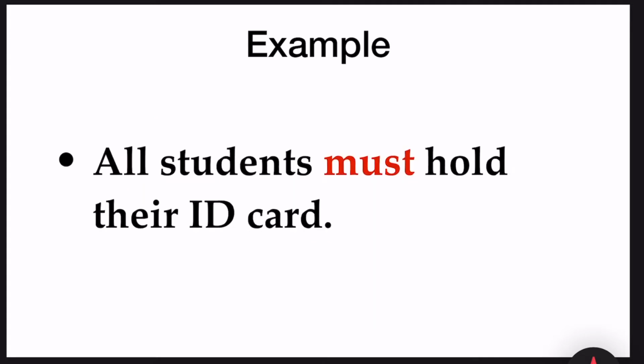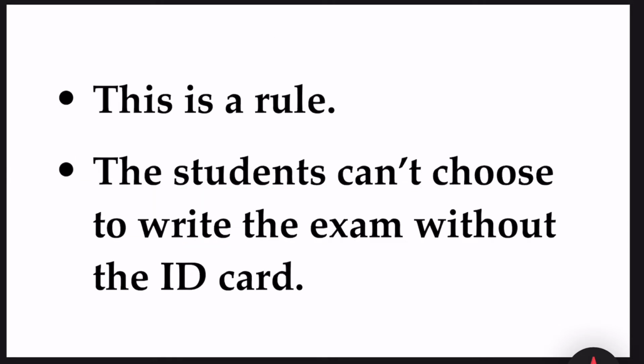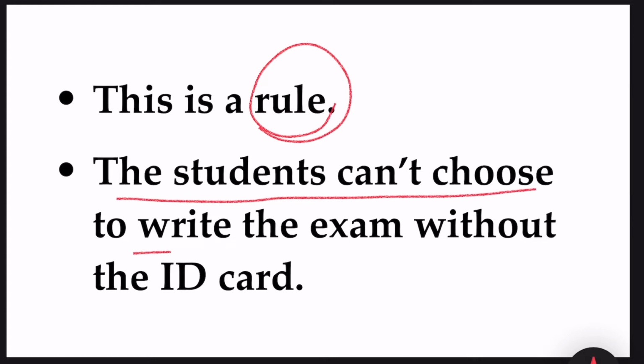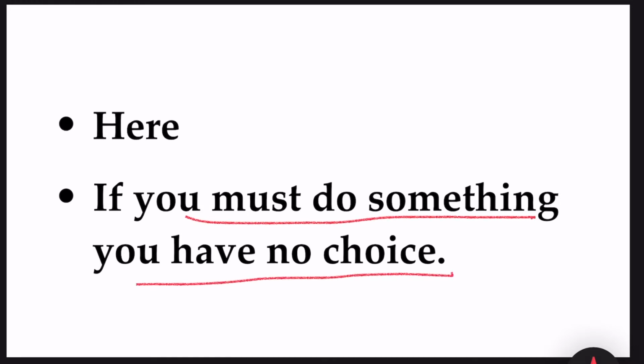Example number 2. All students must hold their ID card. This is a rule. The students can't choose to write the exam without the ID card. Here, if you must do something, you have no choice.